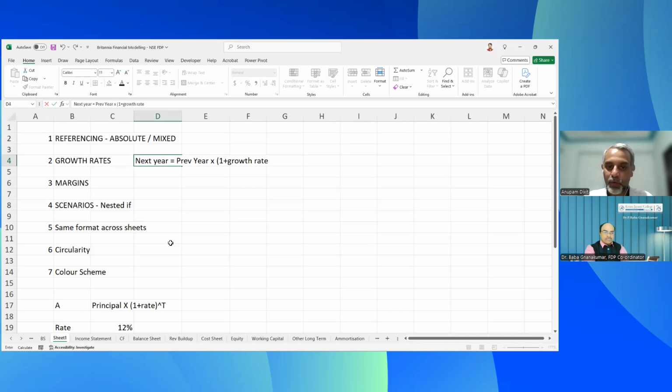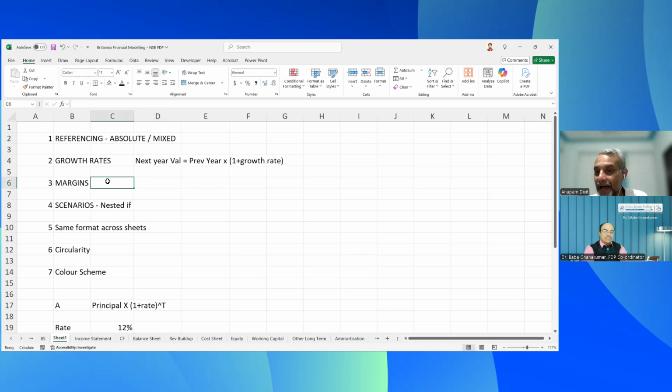And that's how we calculate the value. Next year's value is equal to previous year's value into 1 plus the growth rate, right? We will observe it when we look at the Excel sheet. This is the formula that we are going to use, right? So we put the growth rate somewhere and use 1 plus the growth rate. We will not use previous year's value plus previous year's value into growth rate, right? We ease our operations by using 1 plus growth rate.